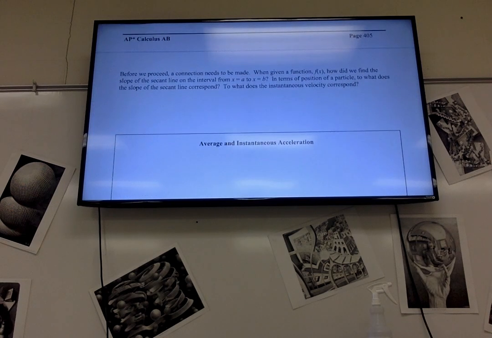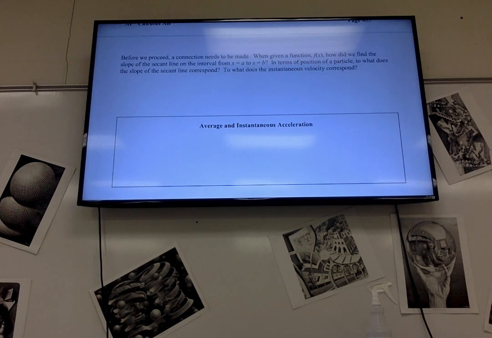Okay. So here's what it wants us to make a connection. The average velocity, which we had basically f of b minus f of a over b minus a, is the slope of the secant, the one that touches it twice.